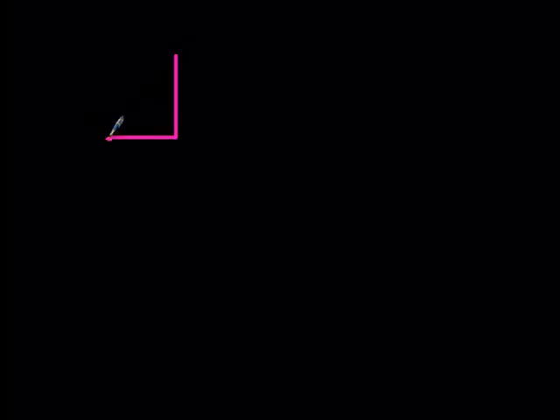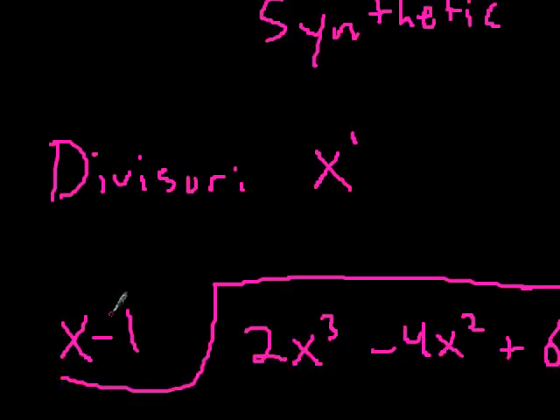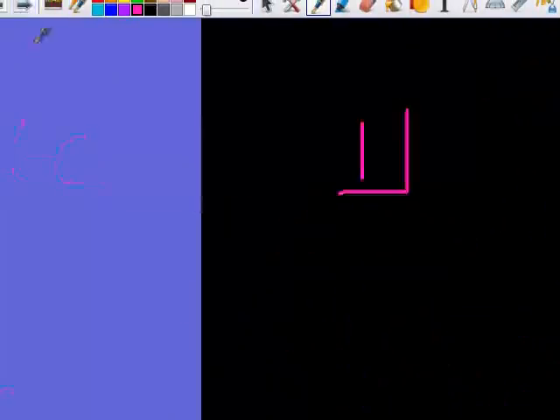Draw a little box like this and put a positive 1 in it. So whatever this is right here, you're changing the sign, because you're dividing by x minus c. So if you had x minus c sitting here, x would match up, minus match up, and c would be 1. That's why it's 1, not negative 1, because it matches this form. So we have positive 1.